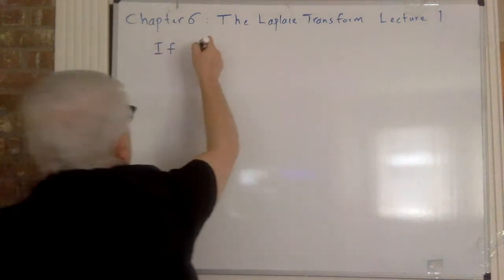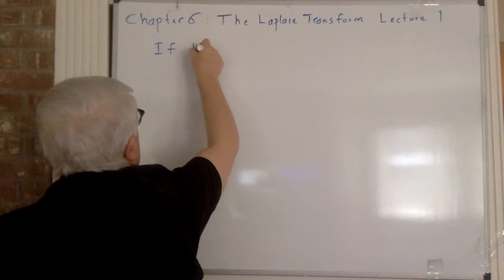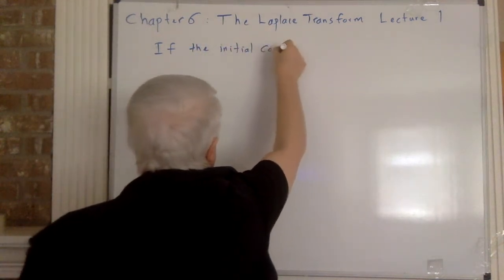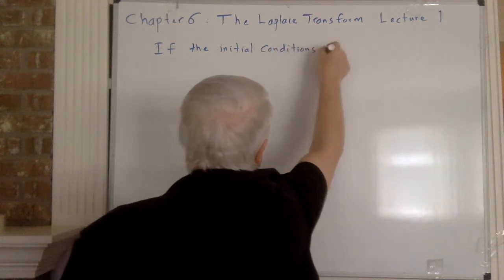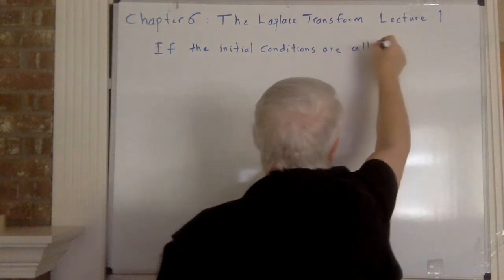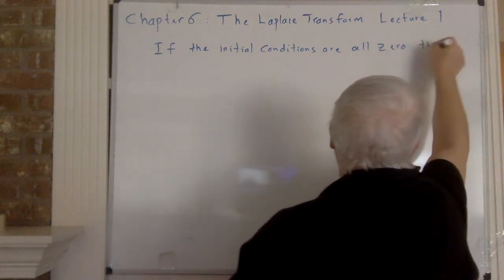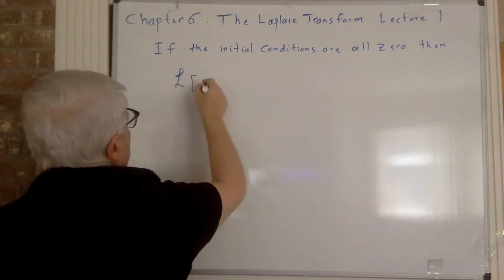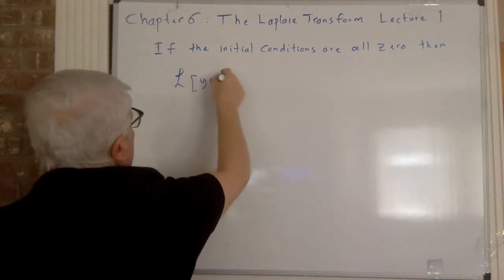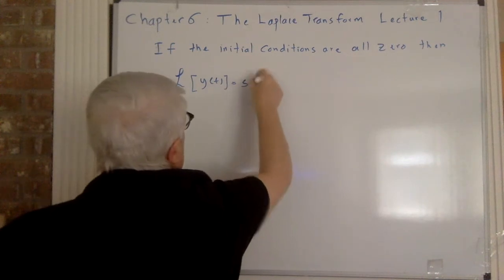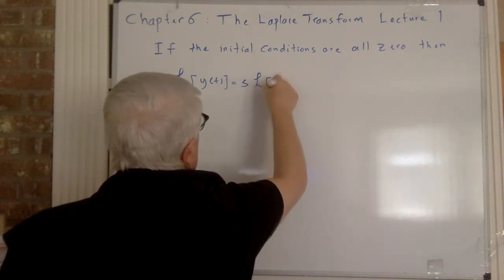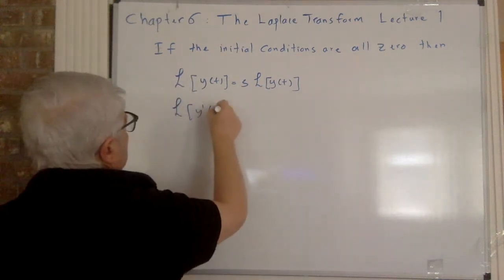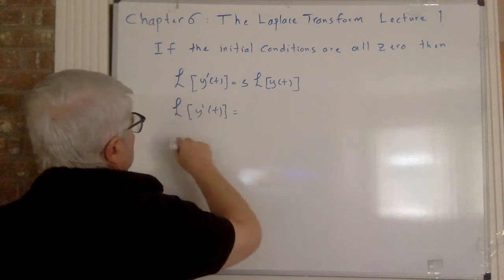If the initial conditions are all 0, then L of y'(t) is simply s L of y(t).